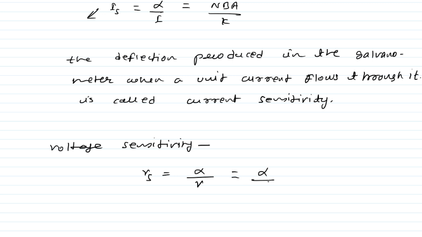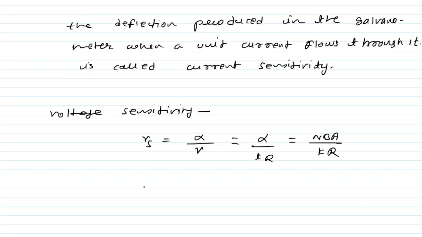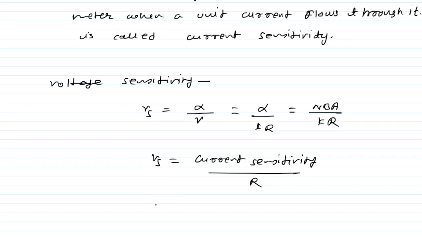We know alpha, and voltage we can write as I into R, and alpha by I we know is NBA by K. If you want to develop the relation between voltage sensitivity and current sensitivity, Vs is equal to NBA by K, which is nothing but current sensitivity upon R. So Vs is equal to Is upon R.